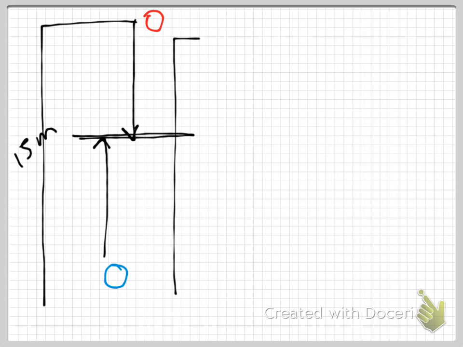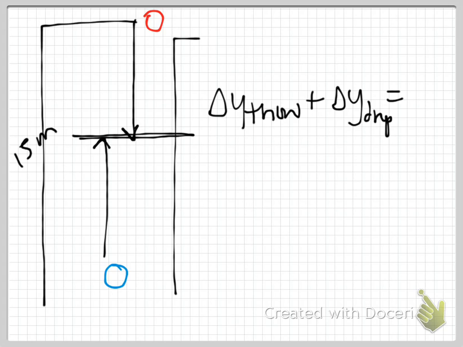So at the point when their paths cross, delta y throw plus delta y drop is equal to 15 meters. Which means suddenly we can solve for delta y in terms of just one of them. So I'll use the throw.